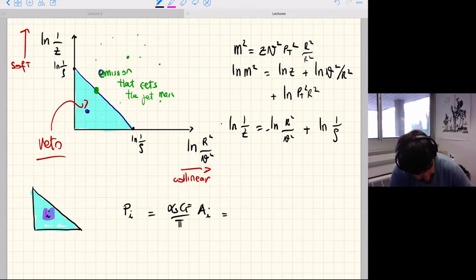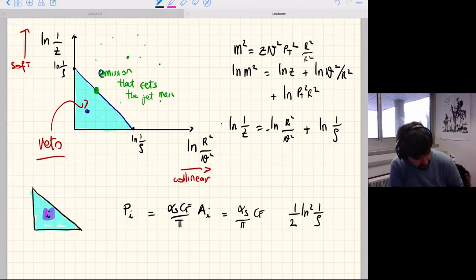What is the area? Well, if I take the large triangle, which has an area a half log squared 1 over rho, and I divide it into n little squares, the probability for having an emission in this little square is given by this expression.